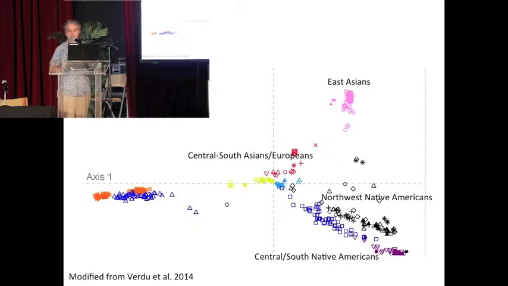But what's unique is that there's a different strata for Northwest Native Americans compared to the Central and Southern Native Americans that have been sampled so far. And so this strata suggests that there's a differentiation between Northern Native Americans and Central and Southern Native Americans in the genomes of living individuals.